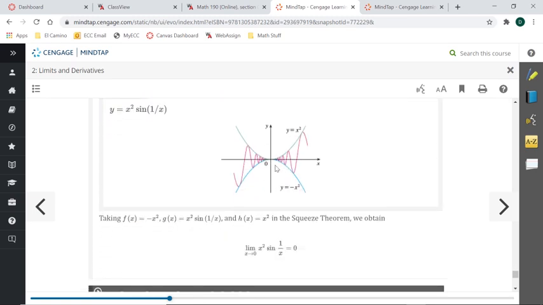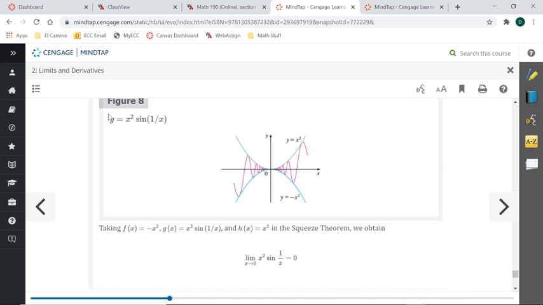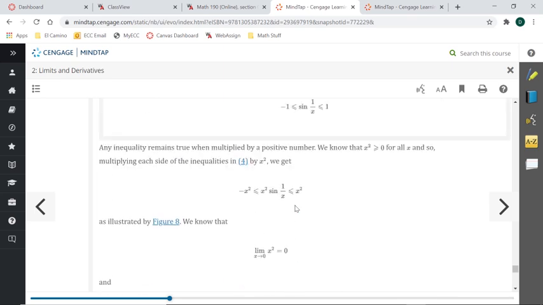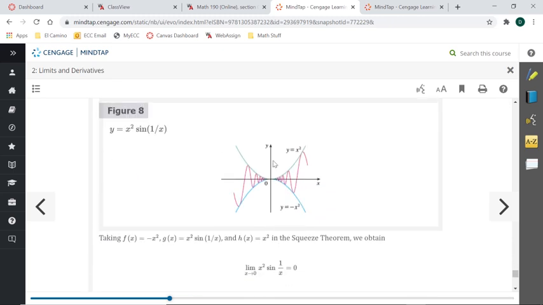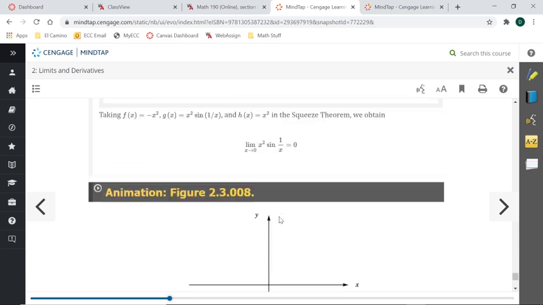And here's what it would look like graphically. This is the graph of x squared times the sine of 1 over x. The lower bound, the floor function, is y equals -x squared. The negative came from the lower bound of the sine function. And the ceiling function is y equals x squared. So we can draw those two parabolas and then plot the sine curve as it is getting squeezed in between those.